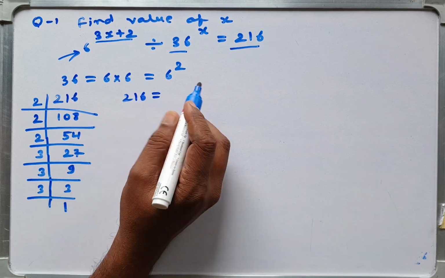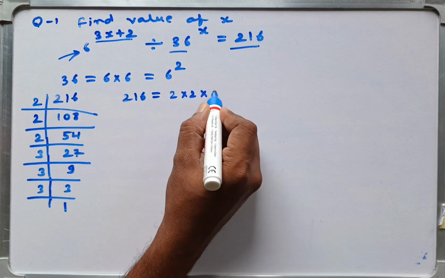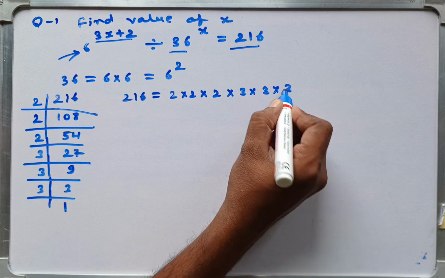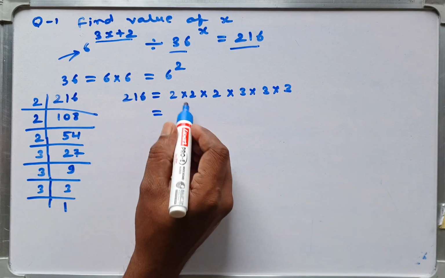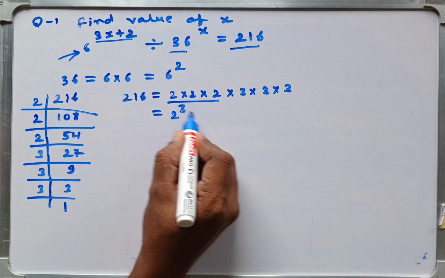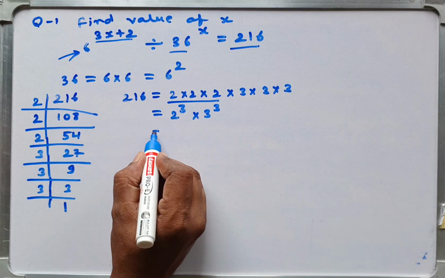216 factorization, you can write here 2 into 2 into 2, then 3 into 3 into 3. So we can write this as 2 to the power of 3 and 3 to the power of 3.